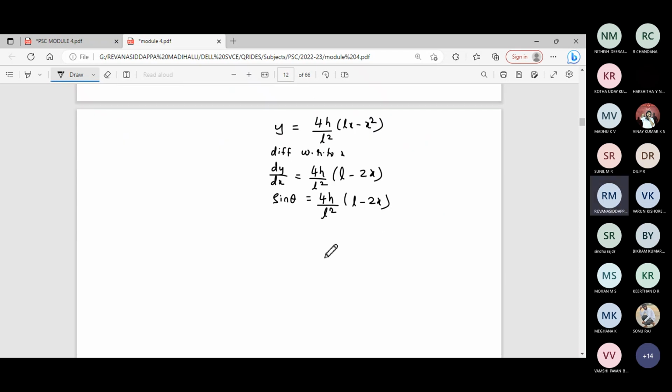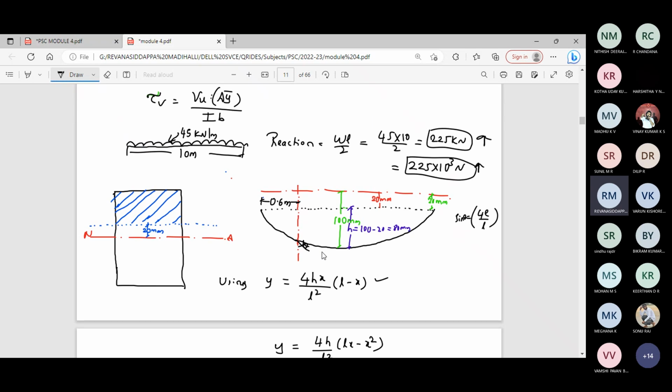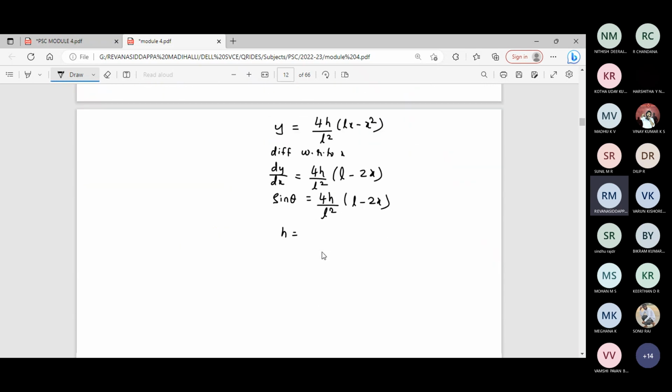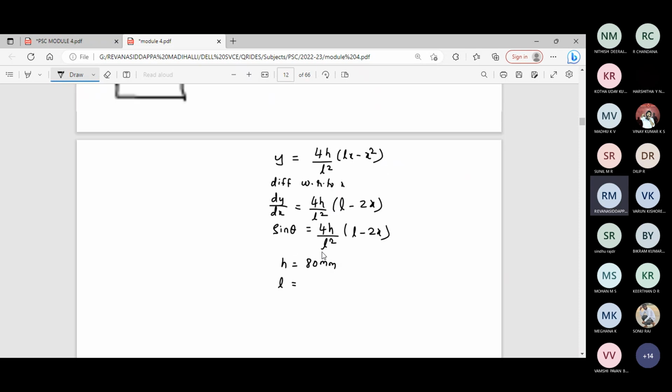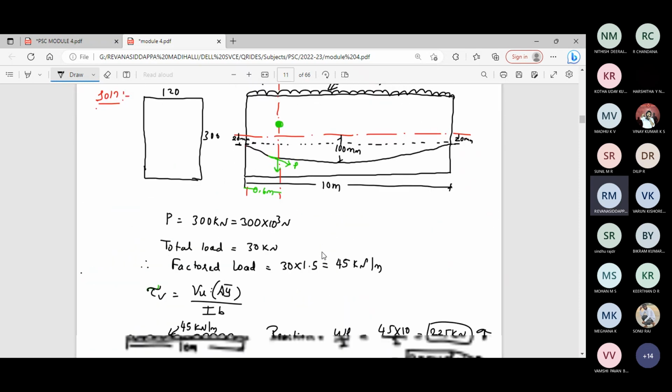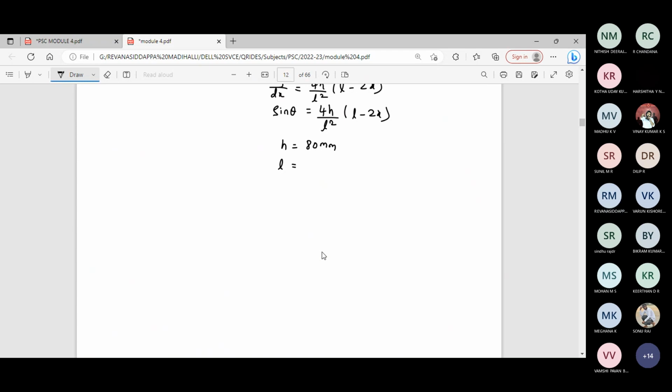Therefore, at a distance of 0.6 meter, h is 80 mm, which we determined just before. The total length of the beam is 10 meter, which is 10,000 mm.